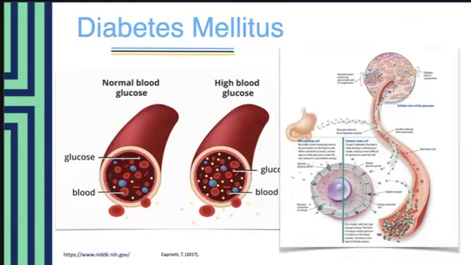So, this is where we see that in the setting of insulin deficiency, like in our type 1 diabetes patients, lipolysis and ketogenesis contribute to that development of diabetic ketoacidosis or DKA. Now, lipolysis is the breakdown of that stored fat or the triglycerides into the free fatty acids and glycerol.